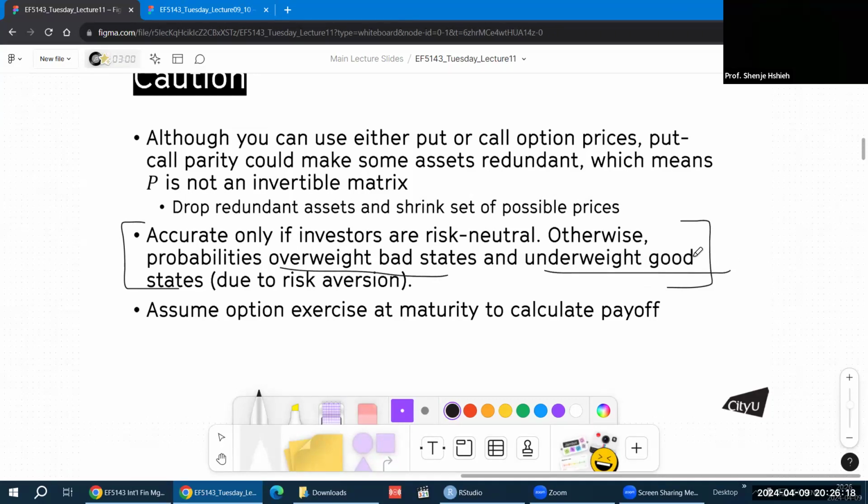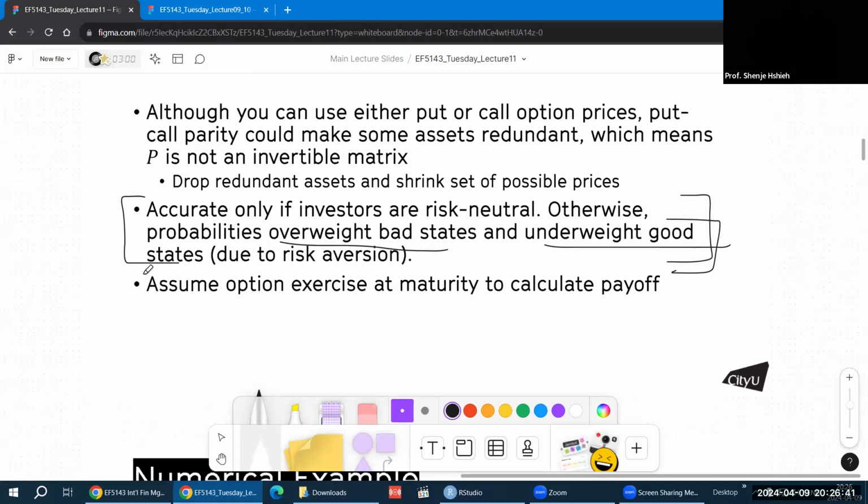That's what this adjustment is doing, okay? Just be wary of that. The proof of this is beyond this course, so I won't talk about it, but just let you know that's what's happening. If you take risk neutral probabilities at face value, you're overweighting the bad states and underweighting the good states.